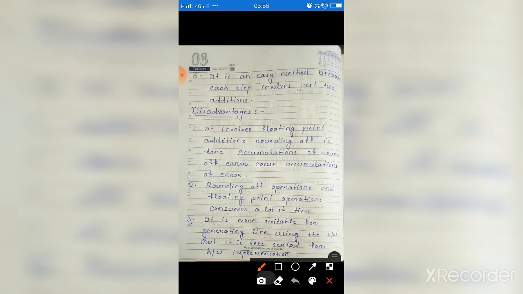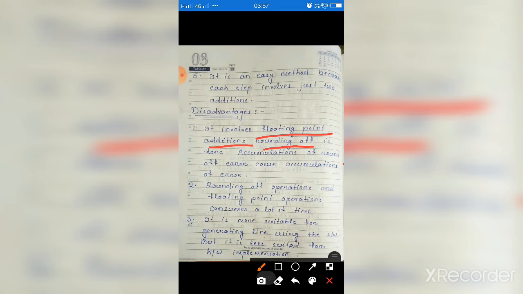Then we have to discuss the different disadvantages. First, it involves floating point addition, and rounding off is done, as I told you. Accumulation of round off error causes accumulation error.